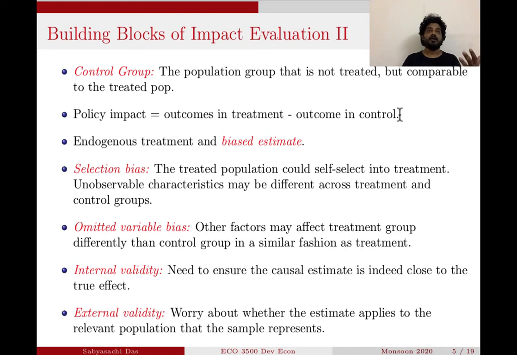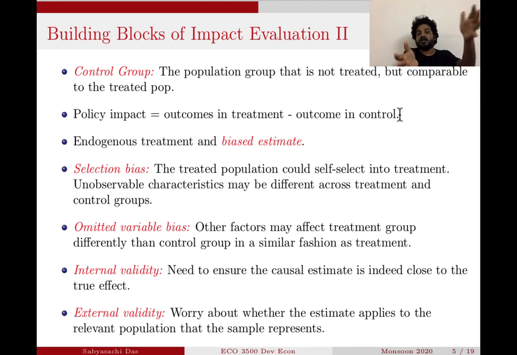But to do that, I can't start opening bank branches in all of India, because that would be like having the entire policy itself. So maybe I try it in a set of few villages and I get an estimate which is internally valid. But then I have to convince that this estimate is true for rural India, which is what the government cares about.